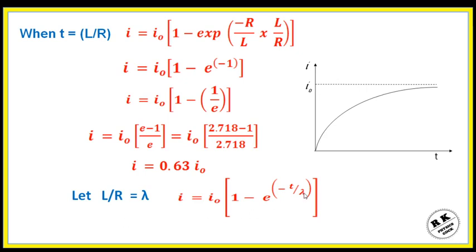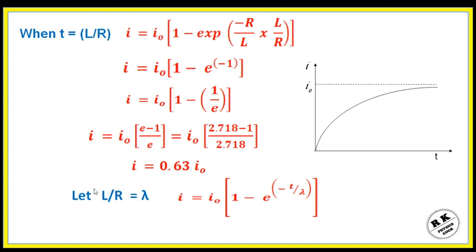Again I am repeating, the same equation in some textbooks is written as I is equal to I naught times 1 minus exponential of minus t by tau. You can write either way.